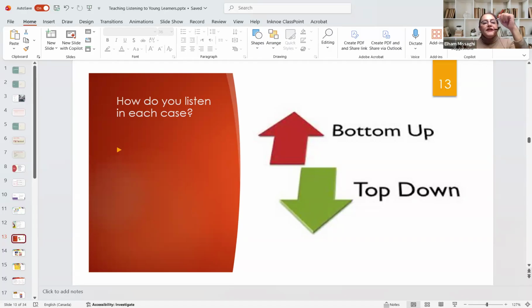When you ask them to fill in the blanks with the proper words, is it a top down or bottom up activity? Fill in the blanks. You give them some sentences and say, I want you to listen and fill in the blanks, like write the proper words in the blanks.